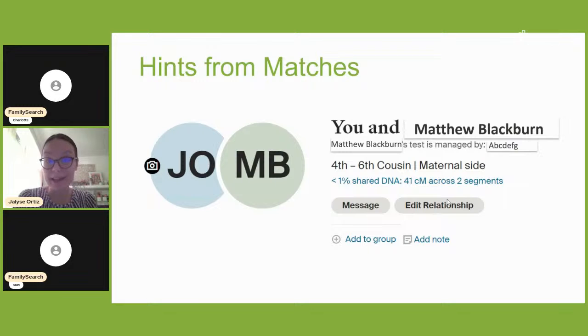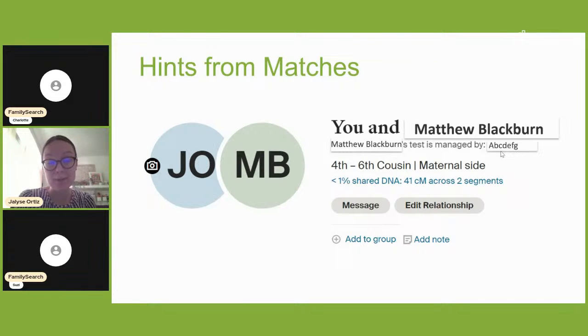And for public records, you can use Been Verified and People Finders. And you can get some hints from matches. So this is an example of one of the matches that I had. This individual has been privatized to protect his privacy here. But I have Matthew Blackburn, and I noticed that he was managed by a test here, by a different user.